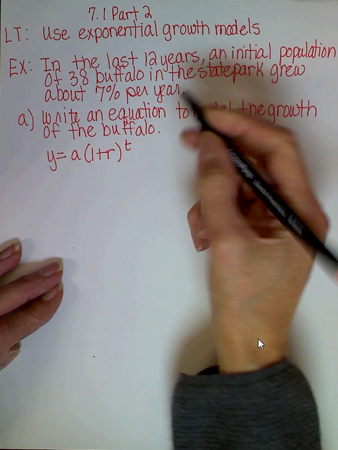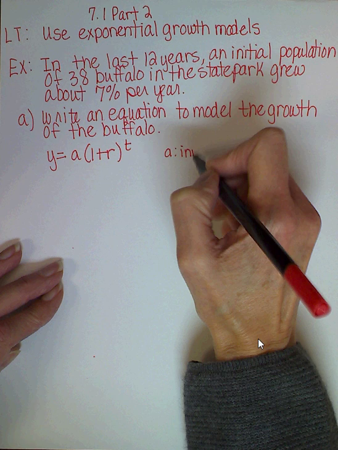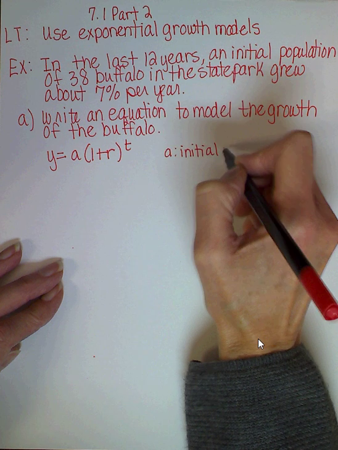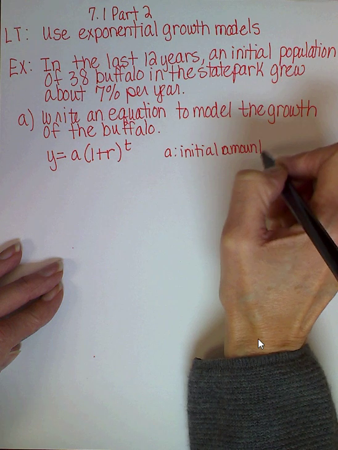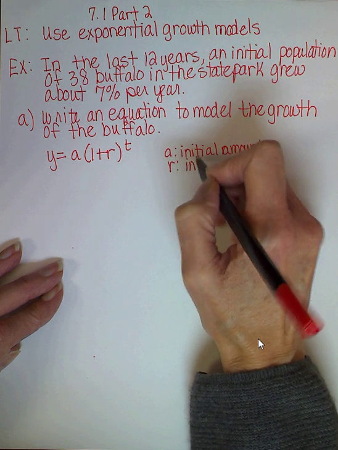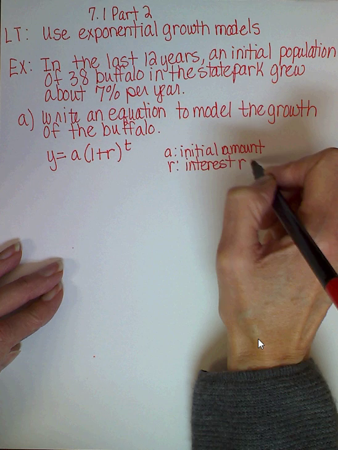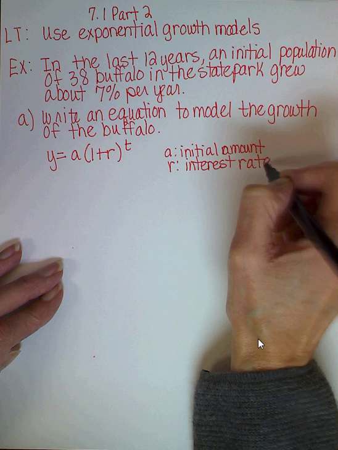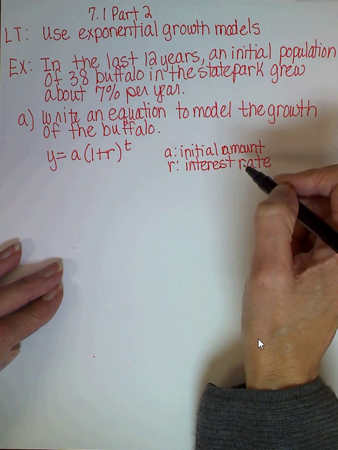The A is always your initial or beginning amount. The R is your interest rate in decimal form, so make sure to turn it in decimal form. If you get a crazy number for an answer, this is usually what happened. You forgot to put it in decimal form.